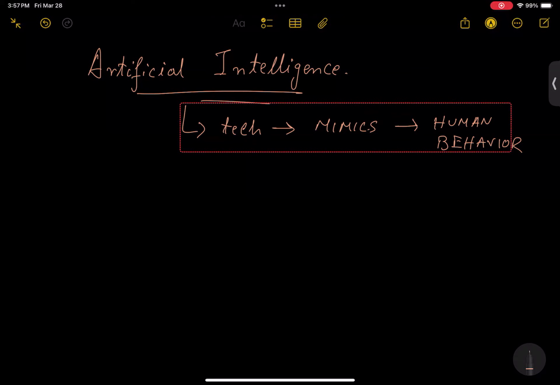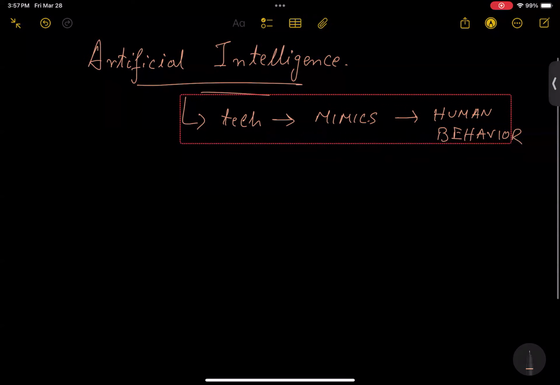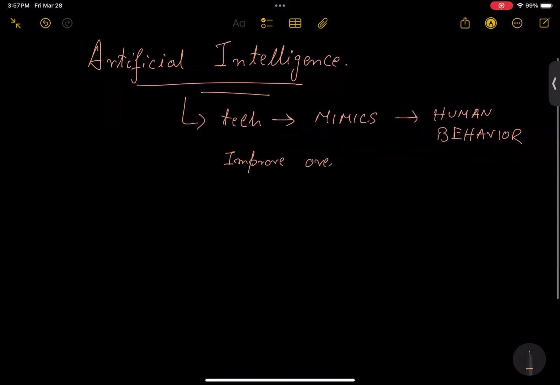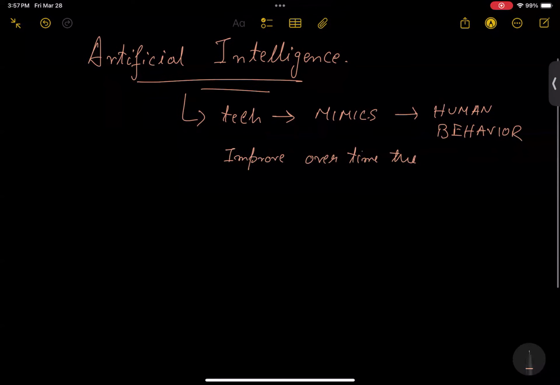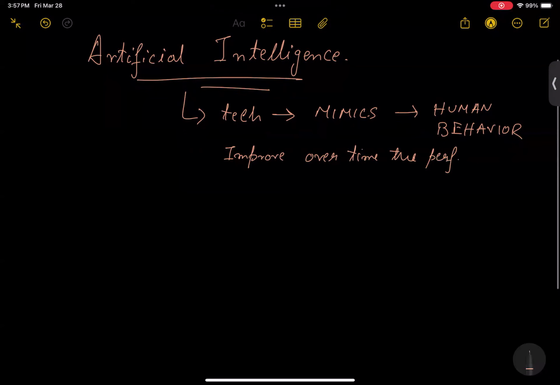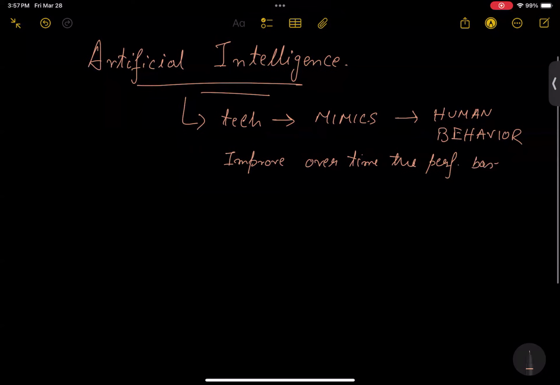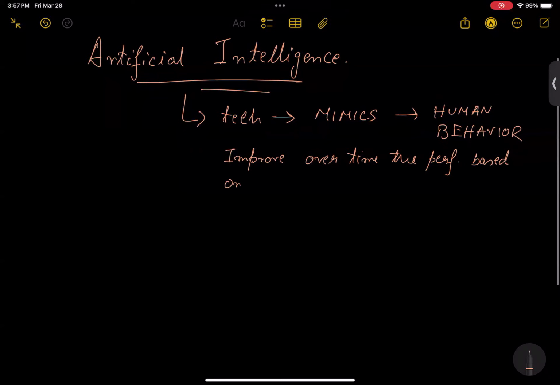Okay. So with this, one other thing that comes into action is that when we are performing certain tasks which mimic human behavior, artificial intelligence systems are also expected to improve their performance over time based on data.